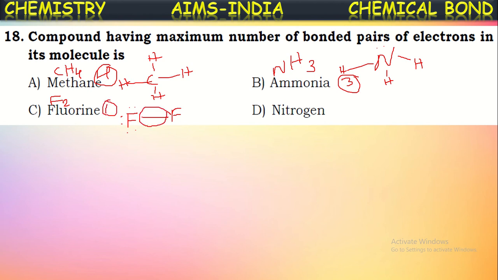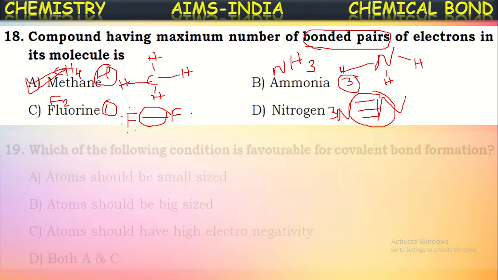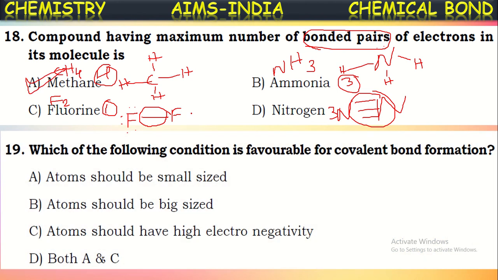The nitrogen molecule has a triple bond between the two nitrogen atoms, as we have already seen. So the number of bond pairs is 3. So which molecule is having the most bond pairs? They're asking especially about bond pairs of electrons. So the methane molecule is having 4 bond pairs. It has more. Next question.